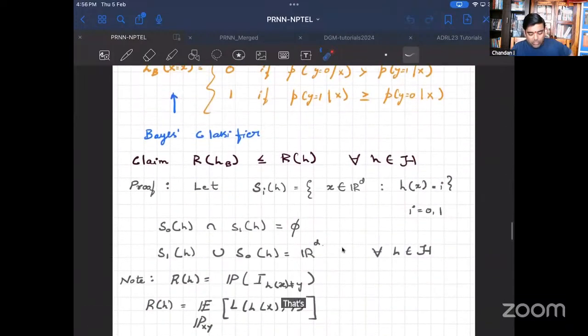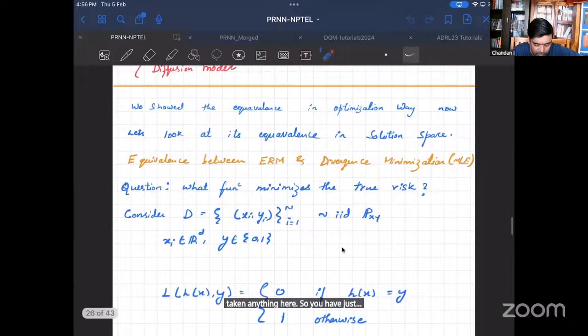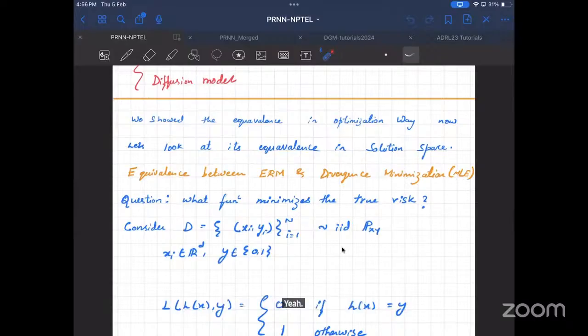That's what you have assumed, right? You haven't taken anything here. You have just considered the risk and then you have gone with it. That's all. Yeah, got it, sir. Got it?